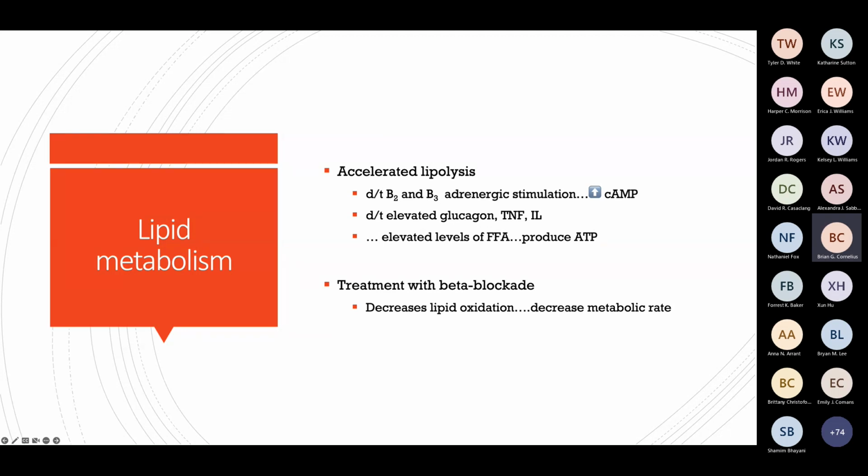One of the go-to treatments for this is beta blockers, and what you'll see is that helps decrease the lipid oxidation and the metabolic rate. So you may see these patients are on PO beta blockers. Atenolol is commonly used, as well as metoprolol. Depending on the medication, it'll usually be on the lower end, but don't be surprised if you come in and you find that your burn patients are all on some sort of beta blocker.